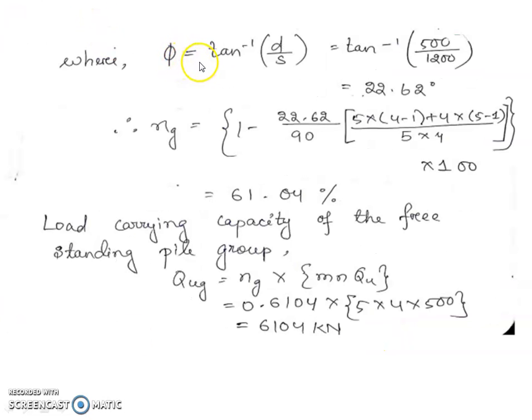Theta can be calculated using the equation tan inverse of d by s, where d is the diameter and s is the spacing. So we get the value of theta as 22.62 degrees.